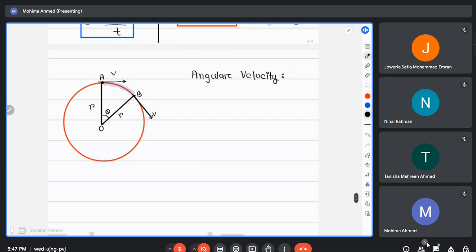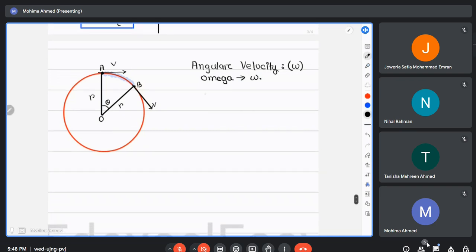And in angular velocity, it is referred to as omega. This is omega, and let me write this down. Those of you who have A-level biology, this is nothing to do with the omega acids we learn in biology unit 2. This is entirely new, not omega acid.